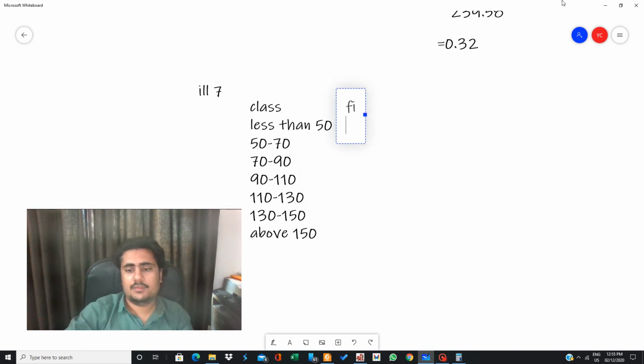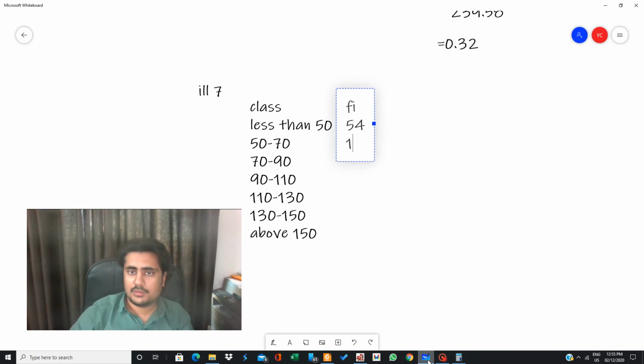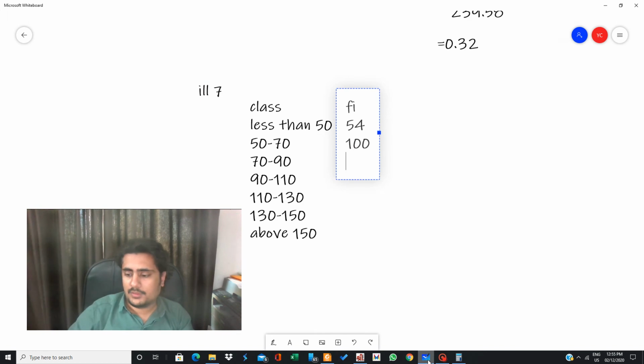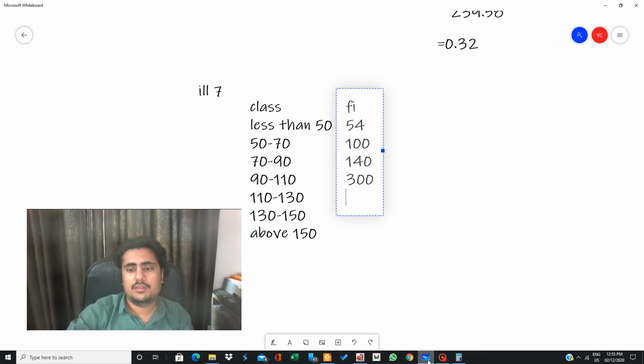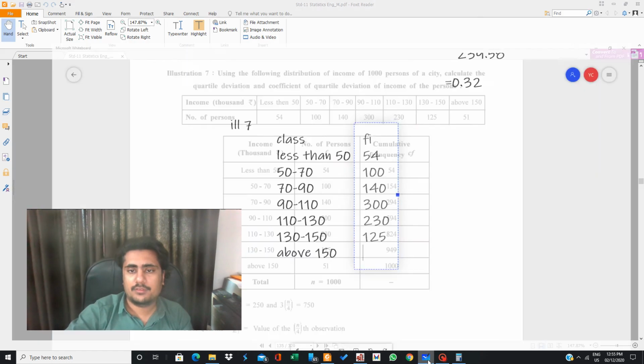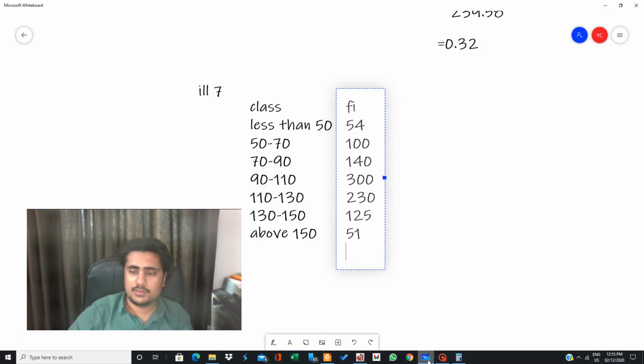Frequency: 50, 100, 140, 300, 230, 129, and 51. So the total is 1000.